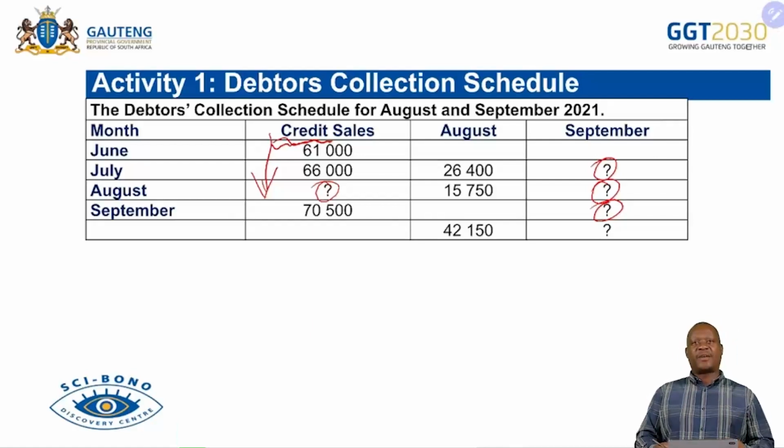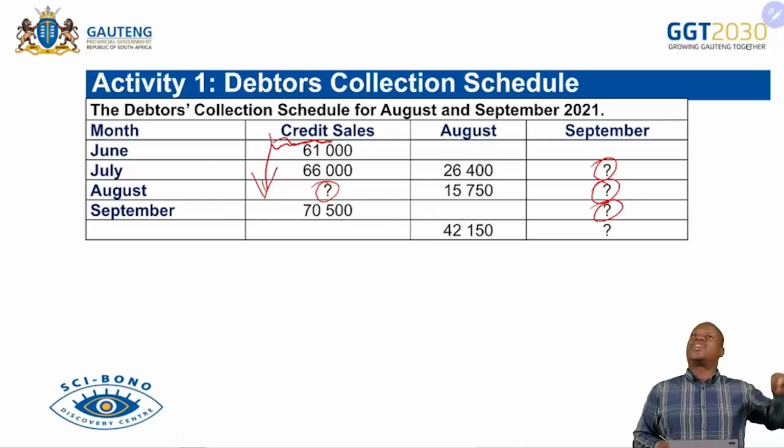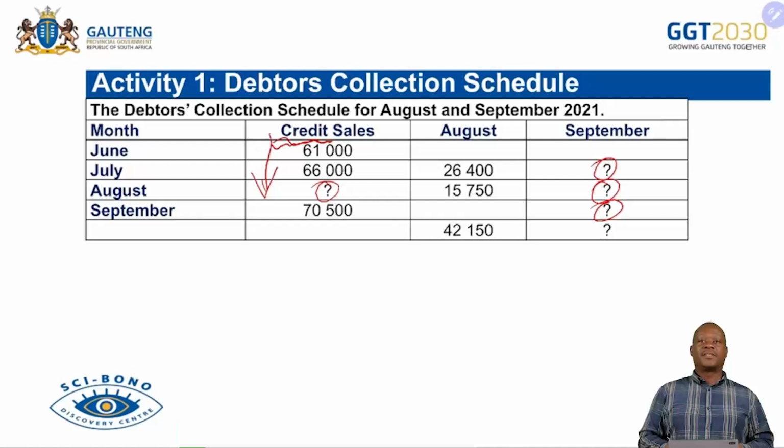According to the information that we have been given, we are expected to collect in 3 months, which means in September we are collecting for September, which is the month of sale. We are also collecting for the previous 2 months, which are August and July. So in September, we are collecting 3 collections for September and the previous 2 months. Now, this is the easiest way to deal with it, the way I look at it.